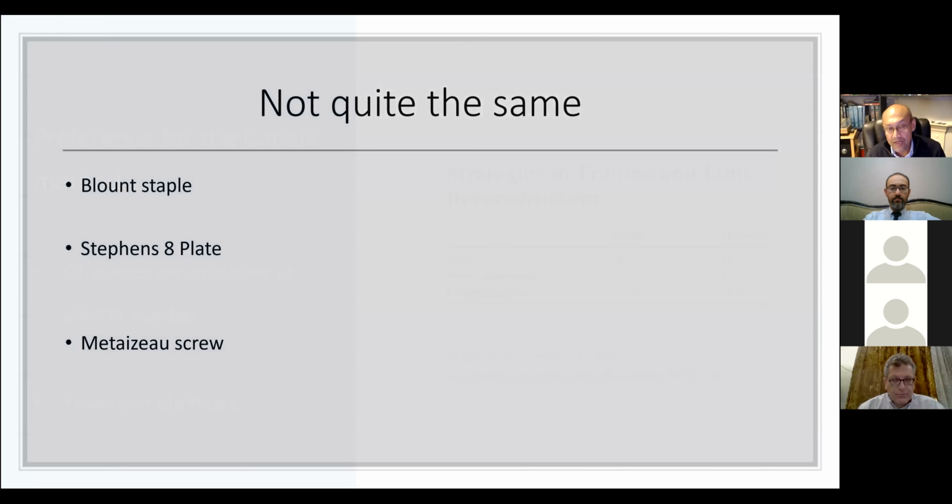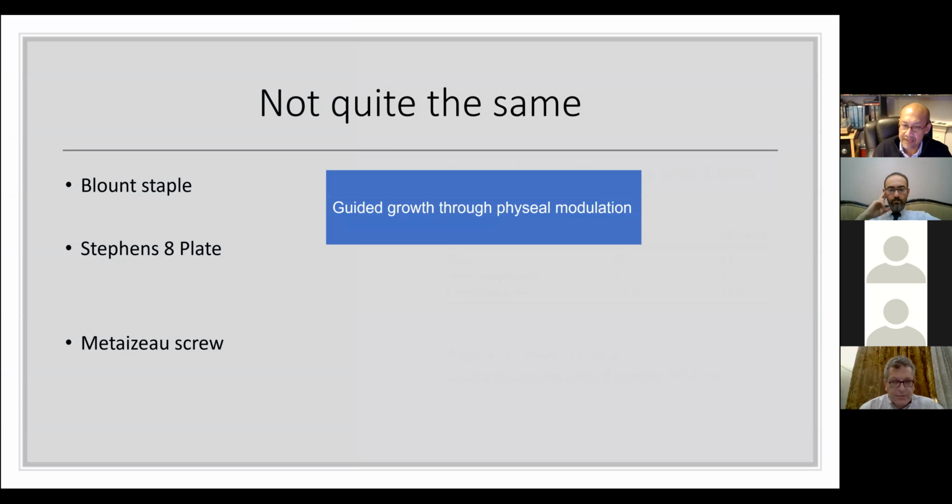And it's also worth remembering that the Blount and the 8-plate technique and the Metizo screw techniques, although aimed to try to achieve growth modulation, they're not doing it the same way. Blount and Stevens are actually trying to achieve physeal modulation.